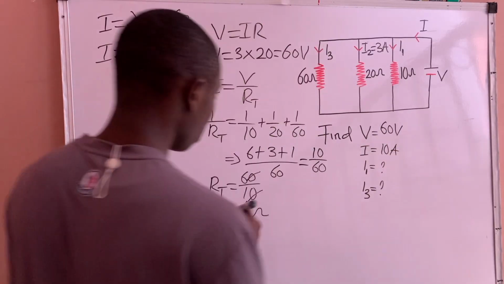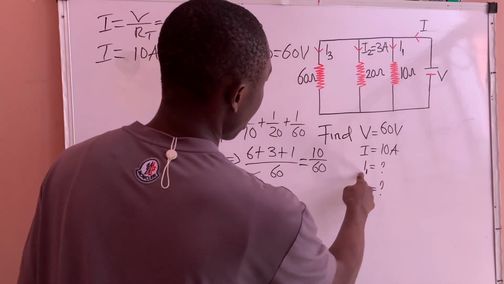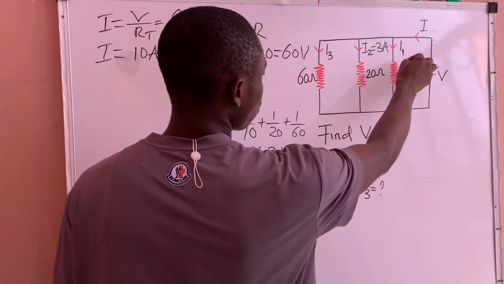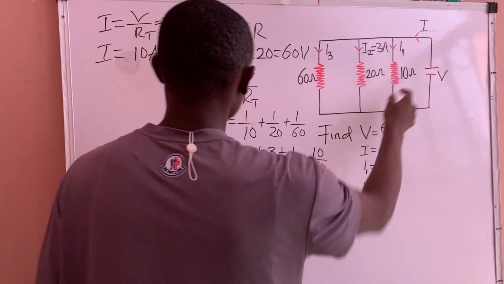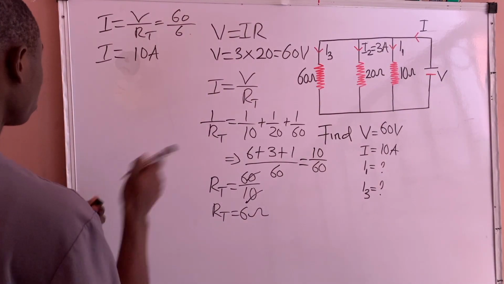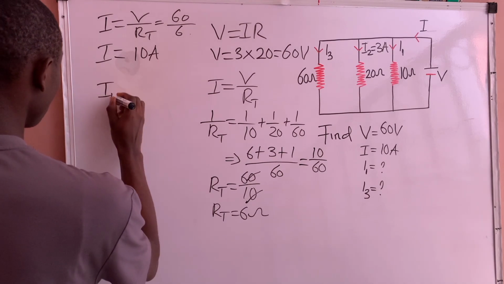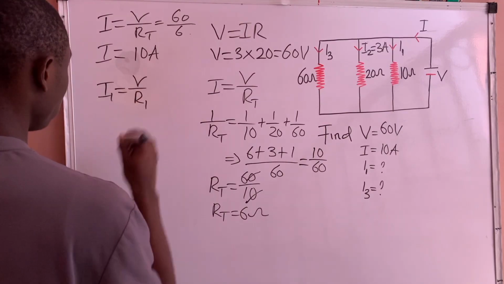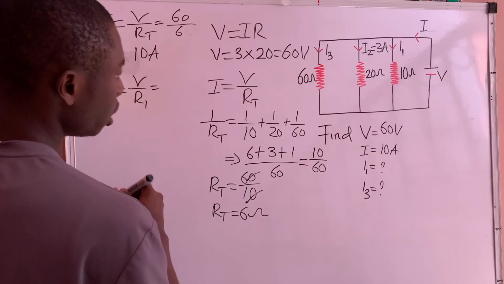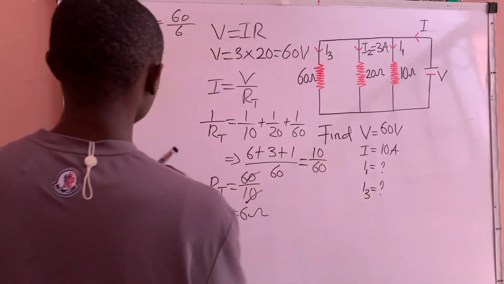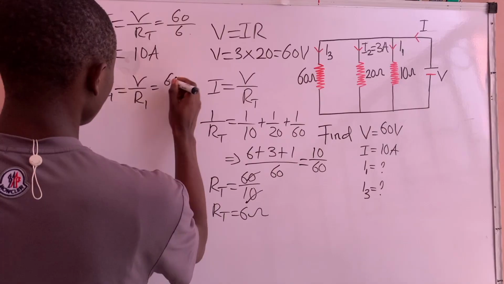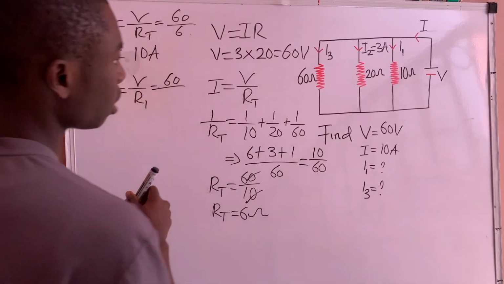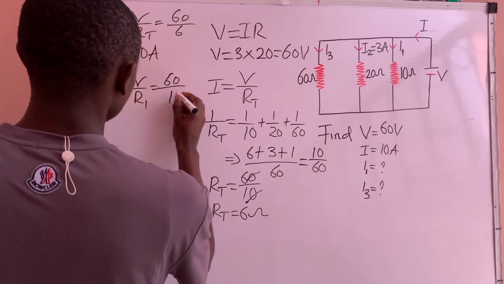And the supply voltage was 60 volts. Okay, let us solve for I1, which is the current that flows through this 10 ohm resistor. Using Ohm's law, I1 equals V over R1, which is 60 divided by the resistance value of R1, which is 10.